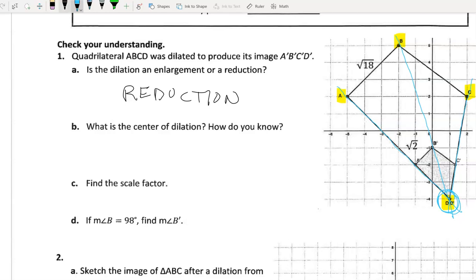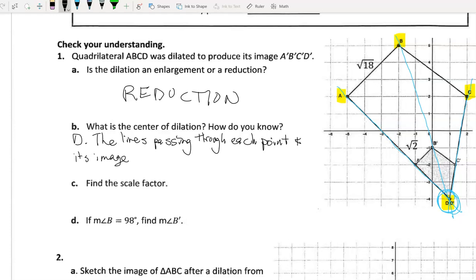So the center of dilation is D, and the reason that we know this is that the lines passing through each point and its image pass through D.